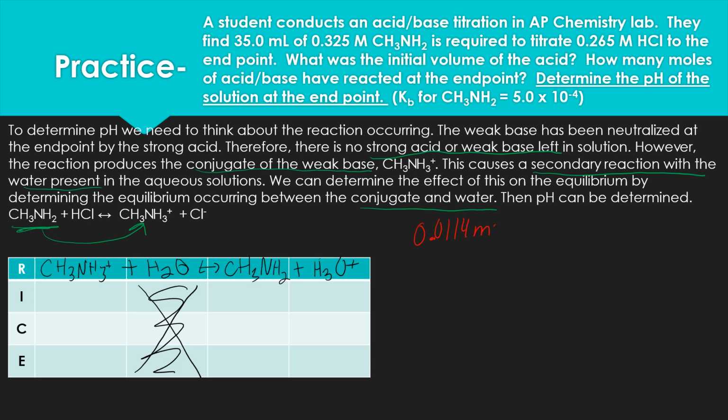We found that 0.114 moles of acid and moles of base reacted. So equal moles of acid and base. Well, it's all a 1-to-1 ratio. So if those reacted that much, they're going to produce the same amount of product. So that's how many moles of our product we've made. Now, it's in a new solution.